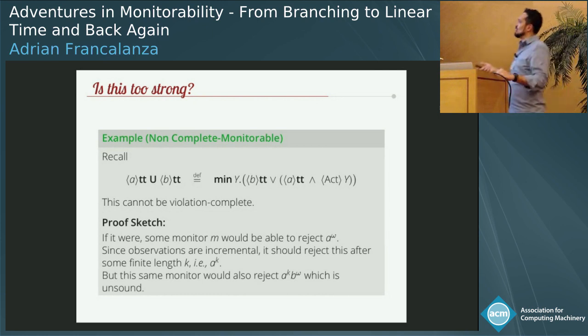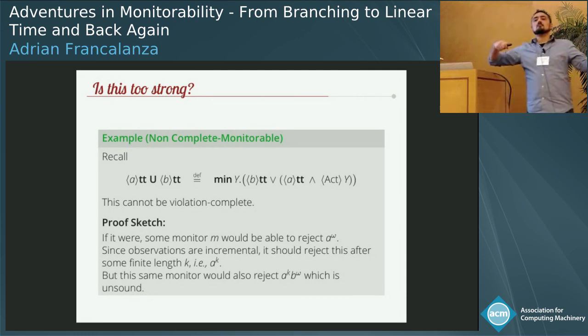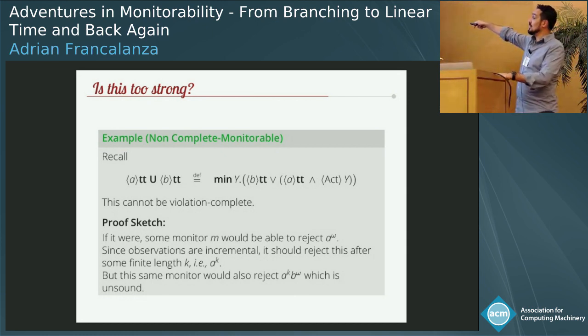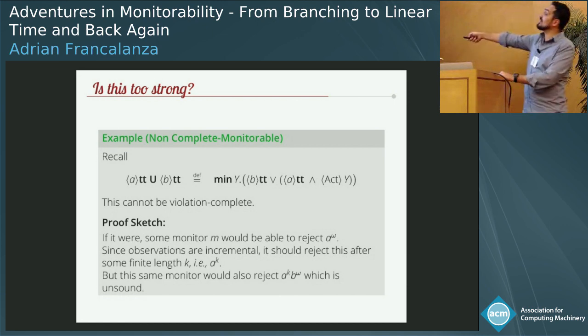The idea is something along these lines. If you consider the trace A forever, this clearly violates this property, A until B. Now, since the monitor analyzes things incrementally, if there exists a monitor that is complete, it should reject this trace, but it should reject it after some finite k, so some finite a to the k.